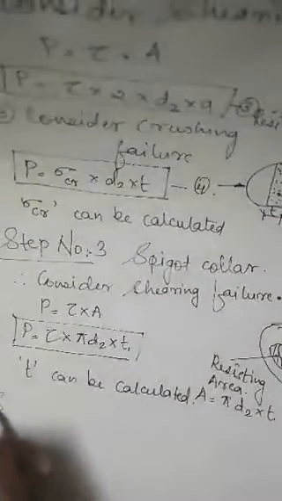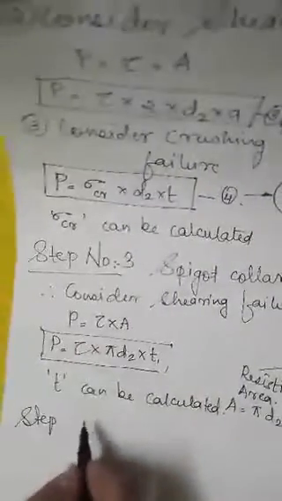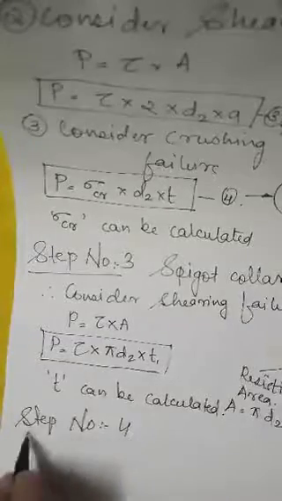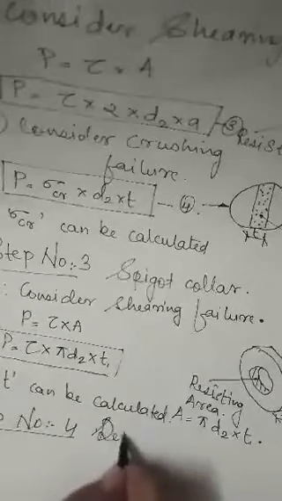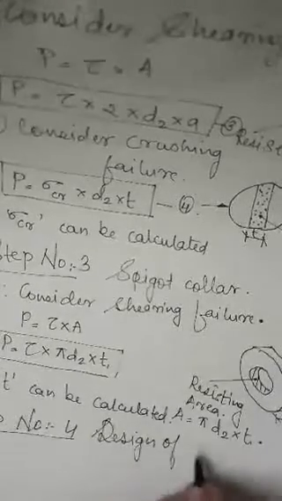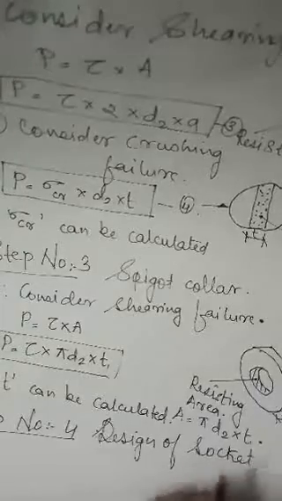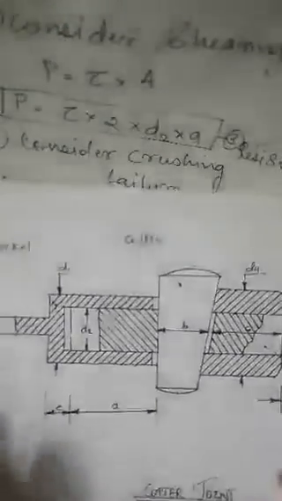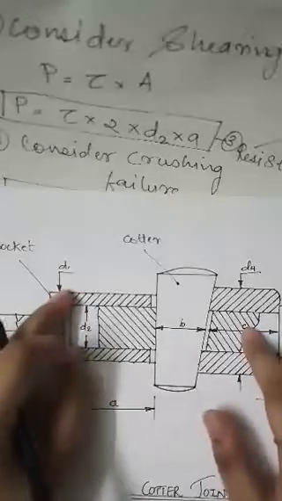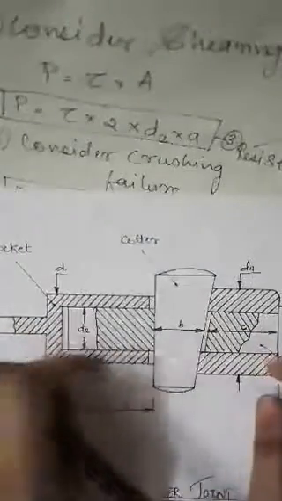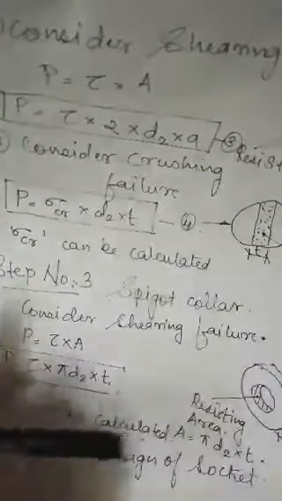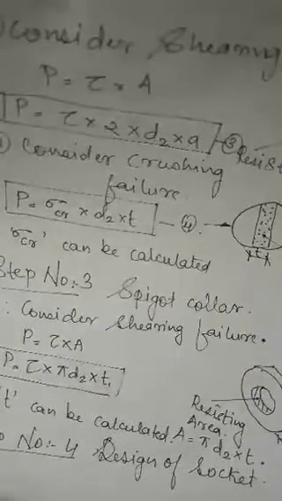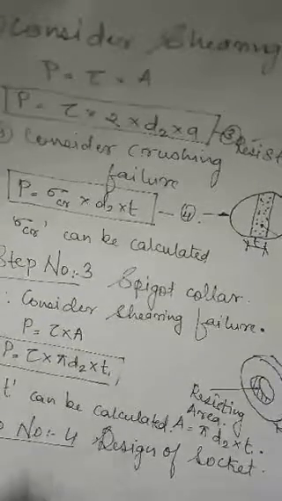Now for step number 4, we will design the socket. The socket is the part in which our spigot end has been inserted. As you can see in this diagram, this is known as the socket. Once again there will be three points in step number 4.